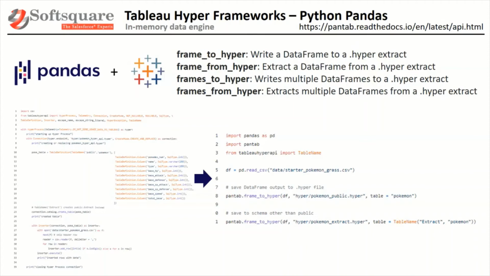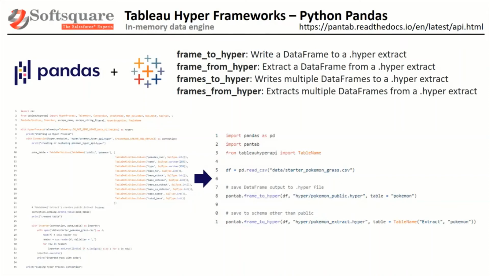And what this particular open source project, PanTab, has done is they've taken the Hyper API, and instead of writing all this code, they've abstracted it out. They've given you a very simple 3 lines of code to load CSV data into Hyper without having to write all those extra functions in between.